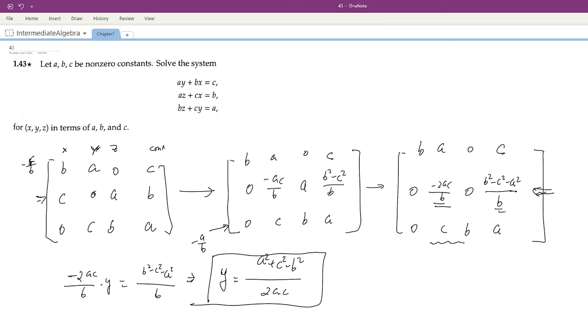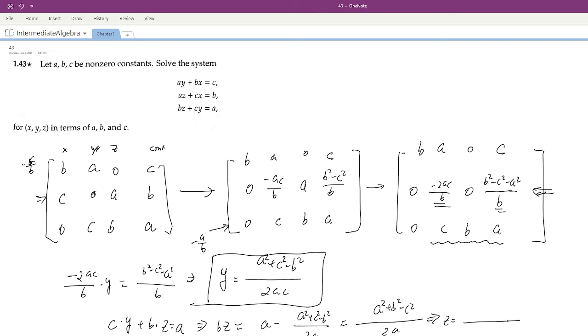Now the last equation, we have C times y plus B times z is equal to A. So we know y, so we can solve z: Bz is equal to A minus the A square plus C square minus B square over 2A, which is equal to A square plus B square minus C square over 2A. So z is equal to A square plus B square minus C square over 2AB.